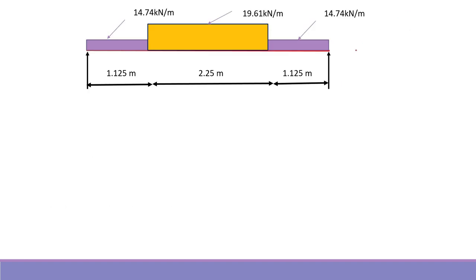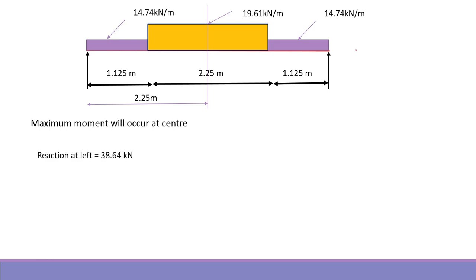So this will be the loading condition, and we have to consider the maximum bending moment, which will occur at the center as the load is symmetric. So maximum bending moment will occur at 2.25 distance from the left hand support.